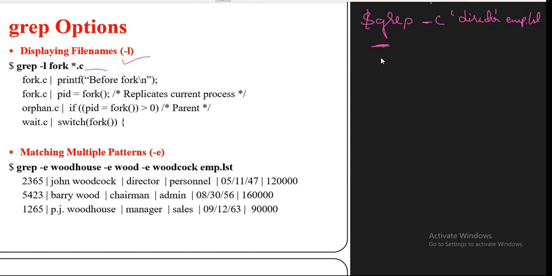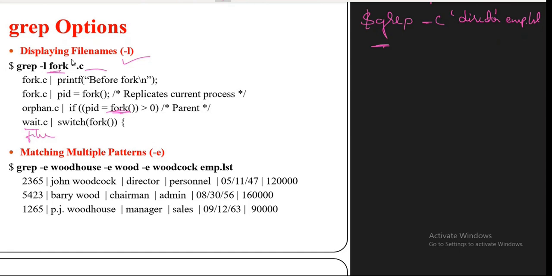Codes are mandatory if it is having more than one word. So fork.c. It found this line in this file. This is the line that is matching with the given pattern. Similarly, fork.c, orphan.c containing the keyword or the pattern fork. Similarly, wait.c. These are the file names, if you want to know in which file it is matching with this grep command.